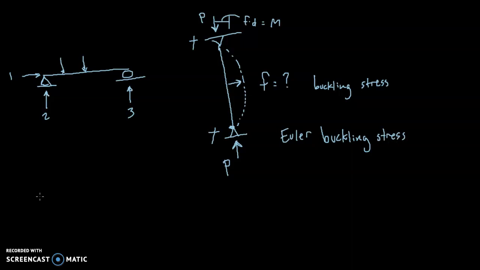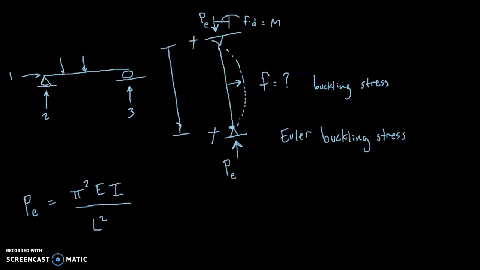So what he found is that the load that will cause failure, and we'll give it a little E subscript for Euler, that critical load that is going to cause buckling to occur, is equal to pi squared times EI divided by L squared, where L is the unbraced length of the column, and E, we've talked about before, is the modulus of elasticity.